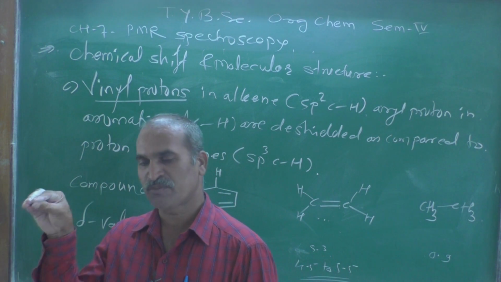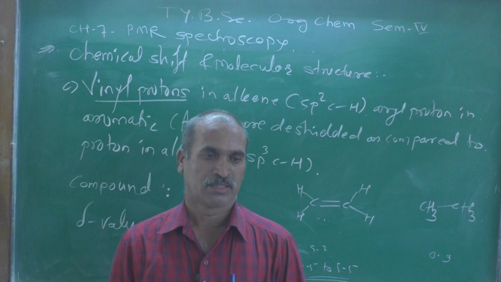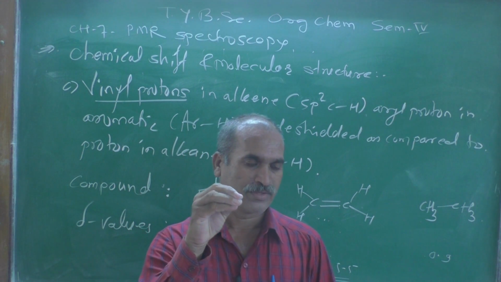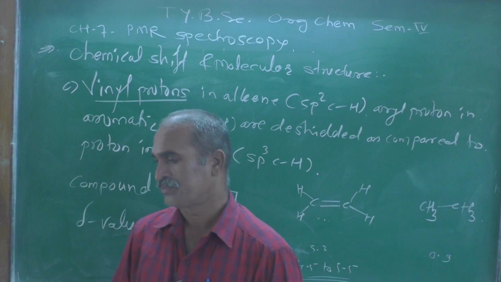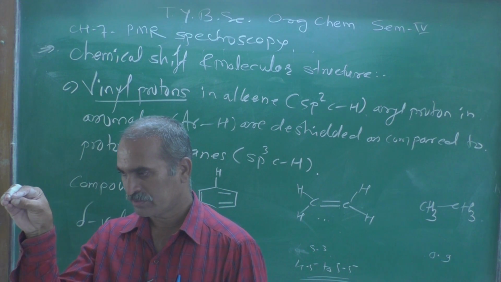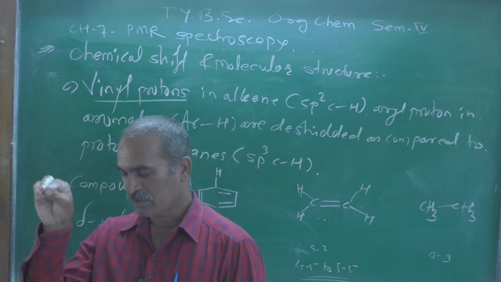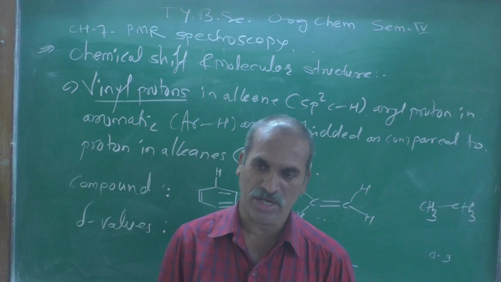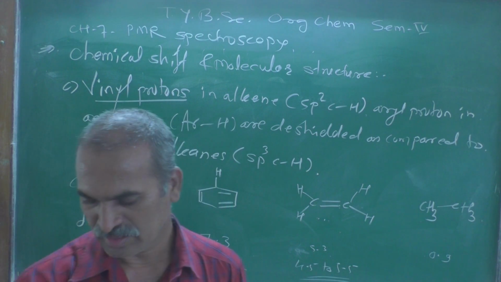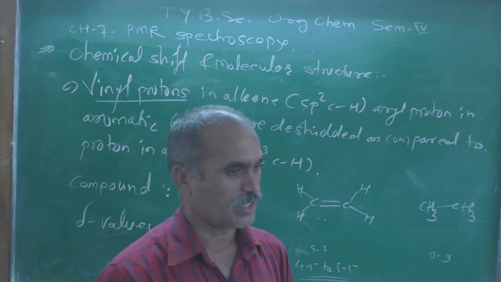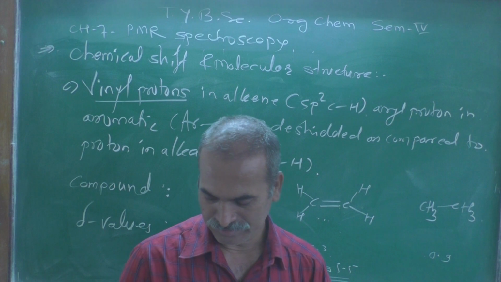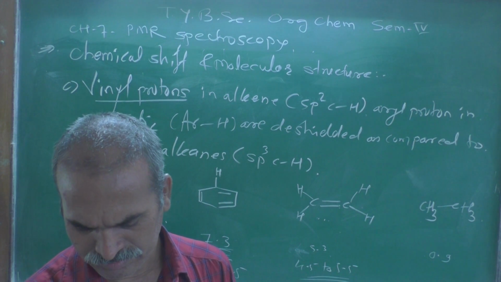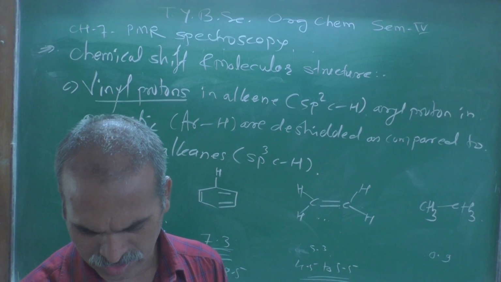If the protons fall in the shielding zone, the chemical shift value is low. If they fall in the deshielded zone, the chemical shift value is found to be higher. So this we have discussed over here.